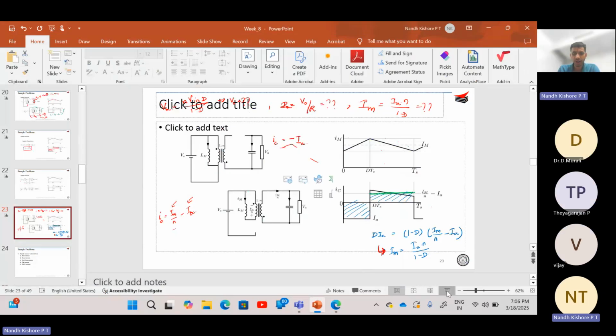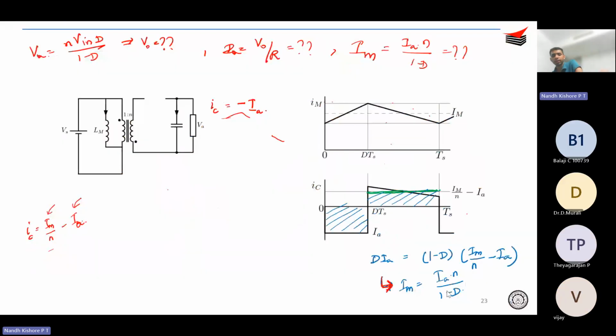So we'll just continue from here. What we were seeing is regarding this problem wherein we had to find out the average value of the magnetizing inductor current and the relation we were able to get from capacitor charge balance at the output side, right?